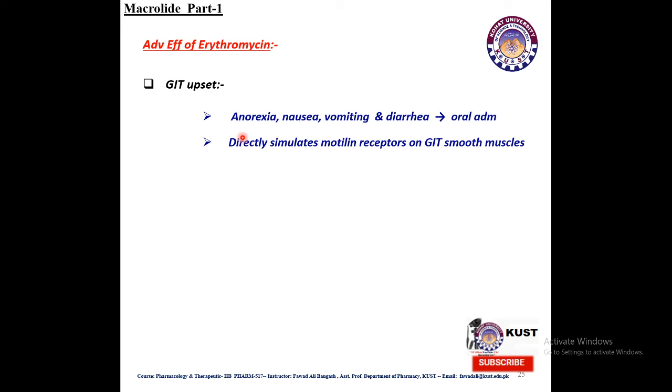Erythromycin has a specific receptor in the GIT smooth muscles, which is the motilin receptor. When we give erythromycin orally, it directly binds with the motilin receptor present in the GIT, which stimulates and increases the GIT motility, resulting in smooth muscle contraction and ultimately diarrhea.